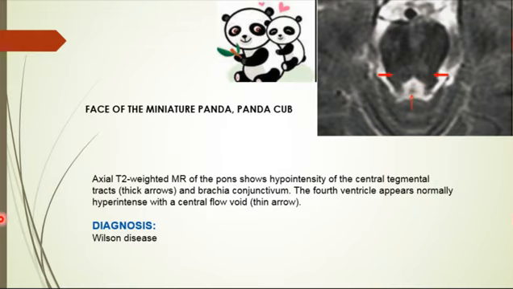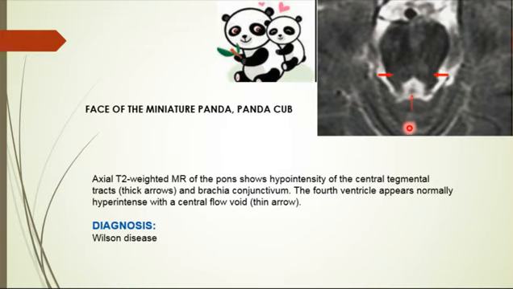This is what's called the face of the miniature panda, which refers to abnormal high signal within the pontine tegmentum, normal signal in the cerebellar peduncles, and hypointensity of the medial longitudinal fasciculi, central tegmental tracts, and the superior cerebellar peduncles, and hyperintense fluid signal within the aqueduct of Sylvius and the fourth ventricle. So the nose and the mouth of the miniature panda is this, the signal within the fourth ventricle, the flow voids.